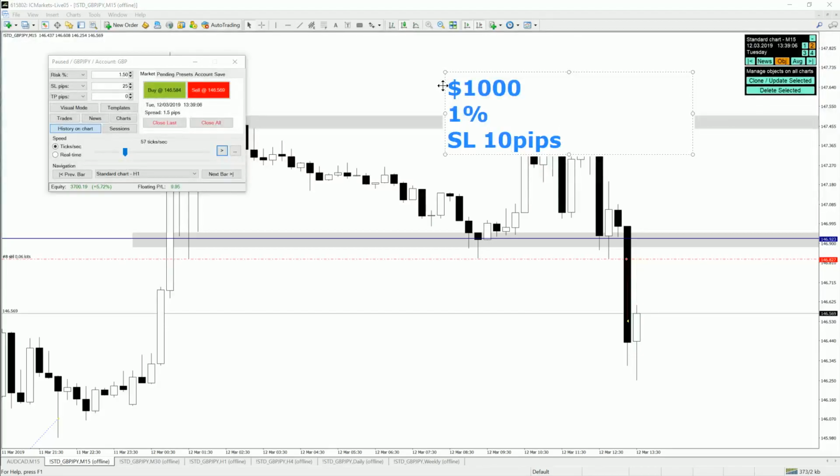Yes, 10-cent lots. So I'm going to use 0.10 lots right over here. Okay, makes sense. Now, if my stop loss was 20 pips, then I'm going to use 0.05 lots. So the risk always stays the same, the only thing that changes is your lot sizes.